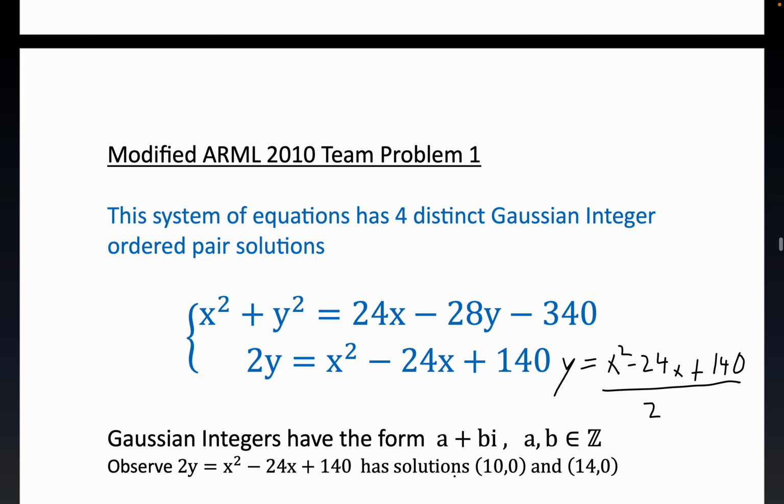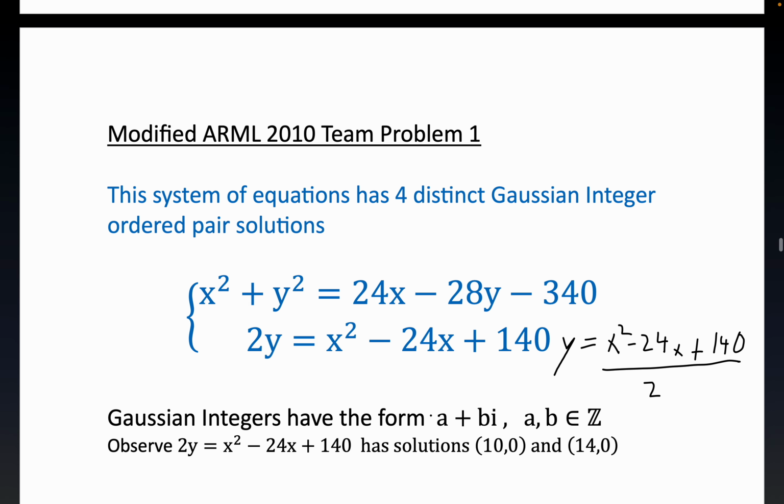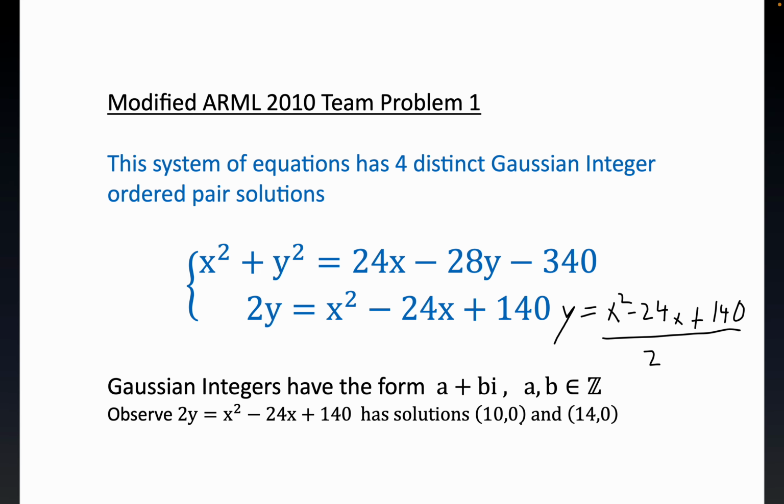So now, it wasn't really necessary for me to tell you that the thing had distinct Gaussian integers. Gaussian integers are just complex numbers where the real and the imaginary parts are integers themselves. And of course, i is the infamous square root of -1. Now, you can tell by inspection that (10, 0) and (14, 0) are solutions to just the bottom equation, because you have x minus 10 times x minus 14.